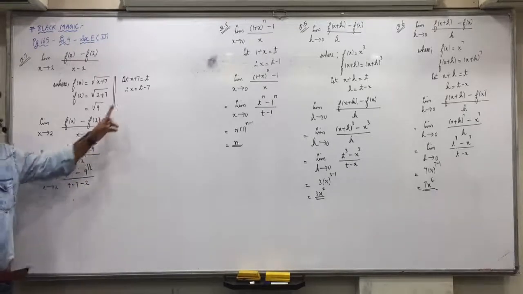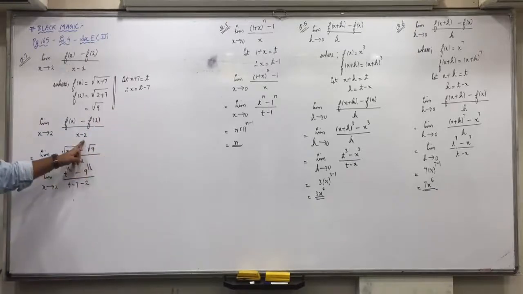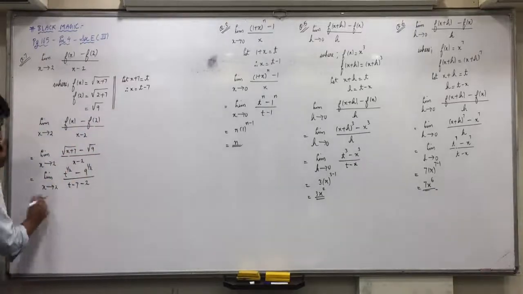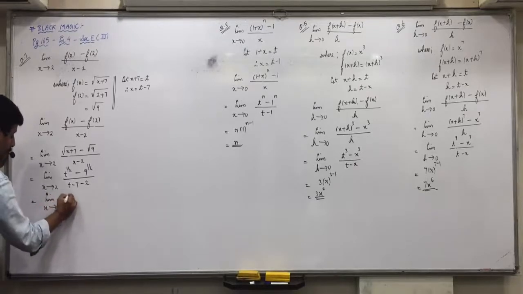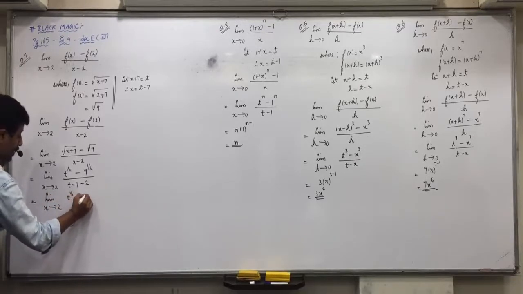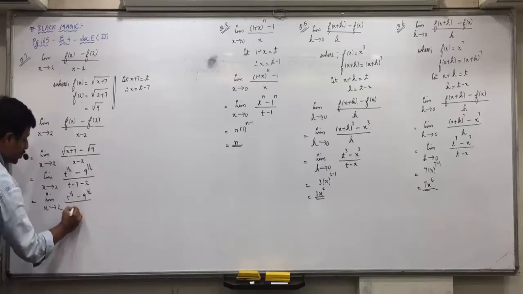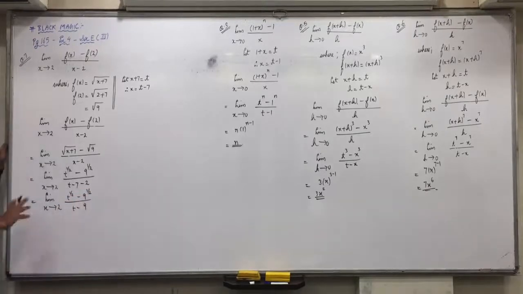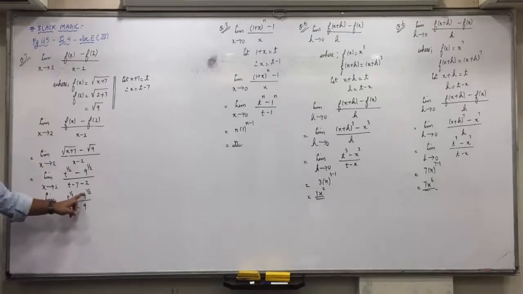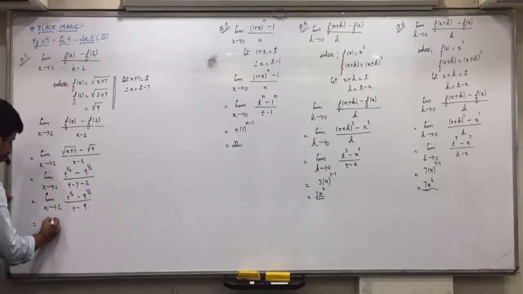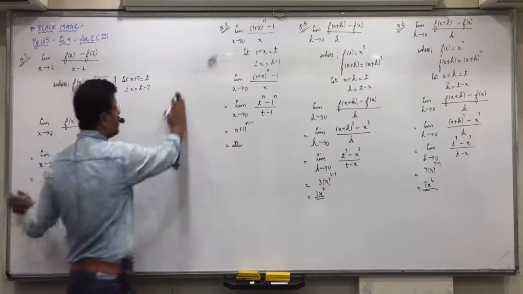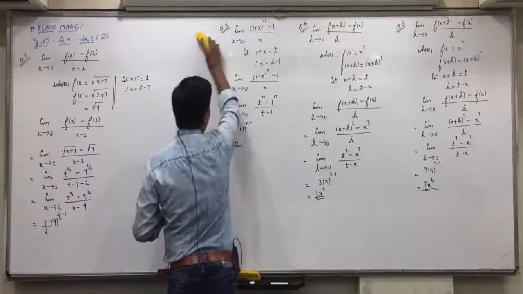So limit x tends to 2, t raised to 1 by 2 minus 9 raised to 1 by 2, and minus 7 minus 2 also becomes minus 9. See, now does it get converted into that form or not? x raised to n minus a raised to n upon x minus a. Now what is n? 1 by 2 into a, 9 raised to 1 by 2 minus 1. Now this I explained to you in the homework illustration today itself.